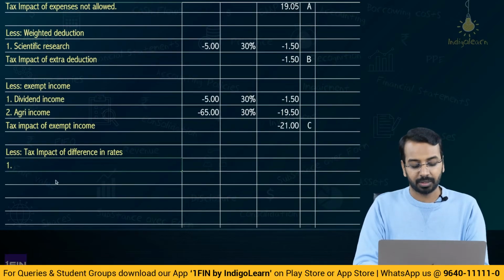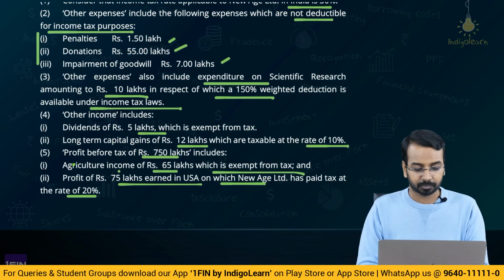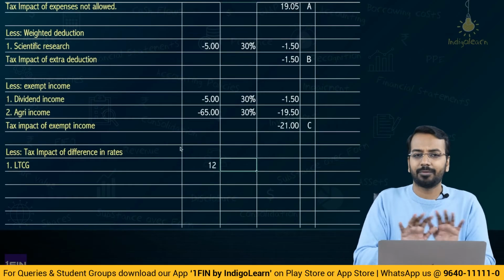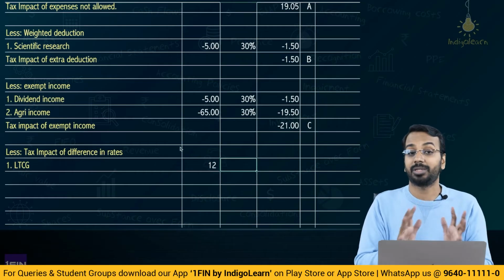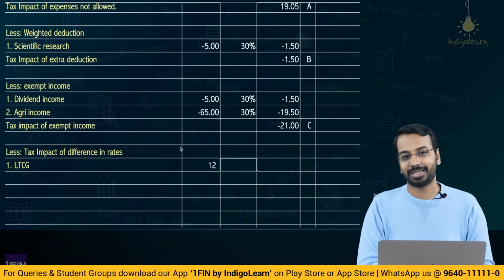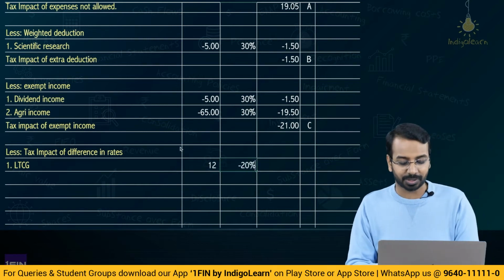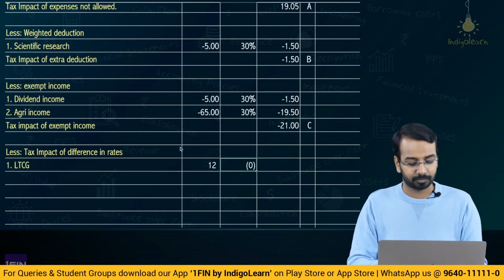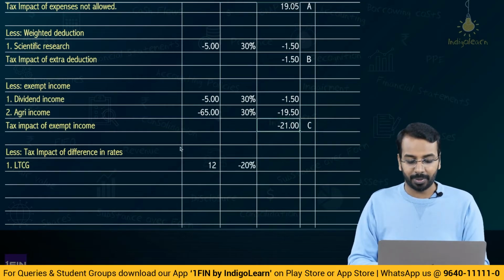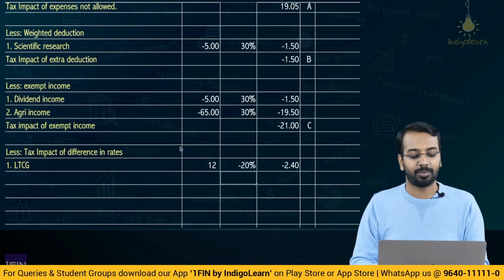First part is LTCG. Now LTCG, the income is 12 lakhs. On this we don't have to pay 30% tax. How much tax do we need to pay? We need to pay only 10% tax, which means we are paying 20% tax less. So you will have minus 20% of that impact. So the impact of this will be minus 2.4. It will reduce your tax liability.